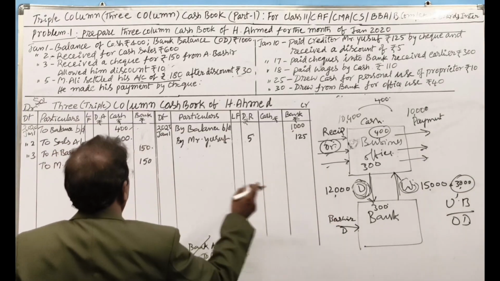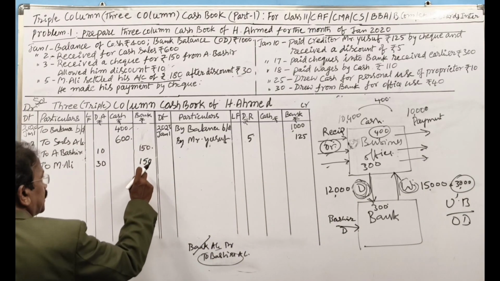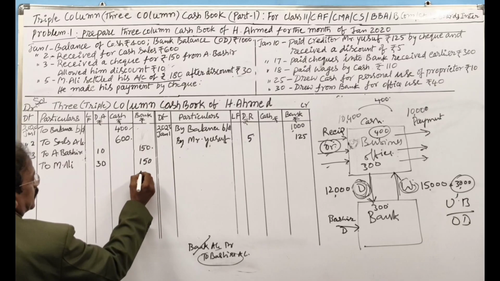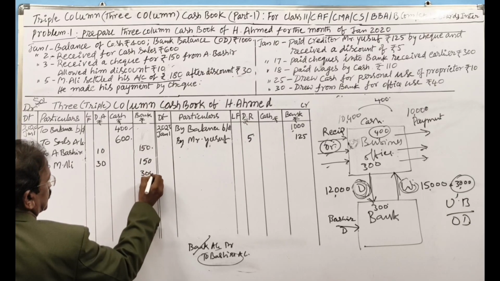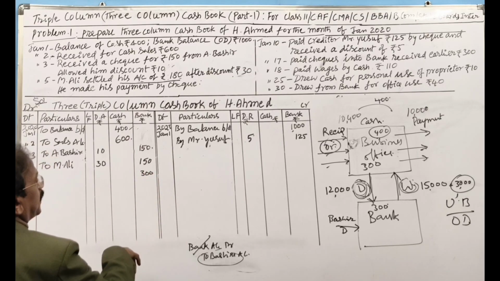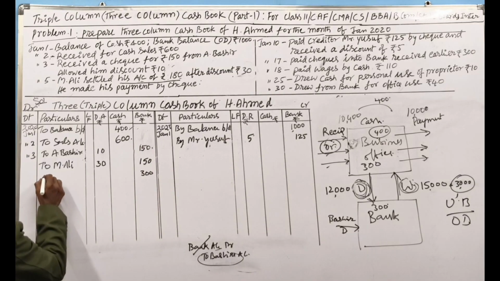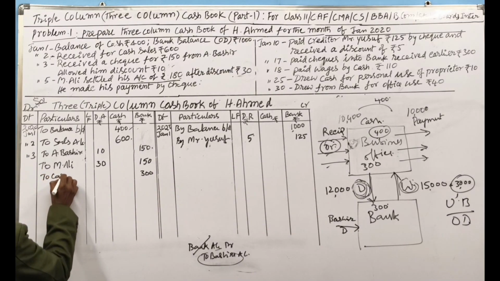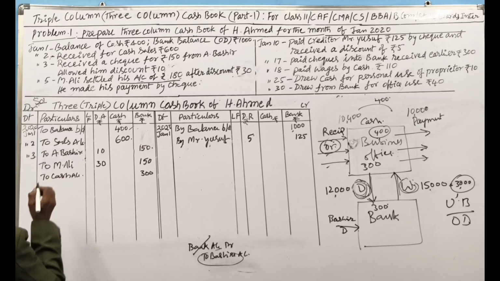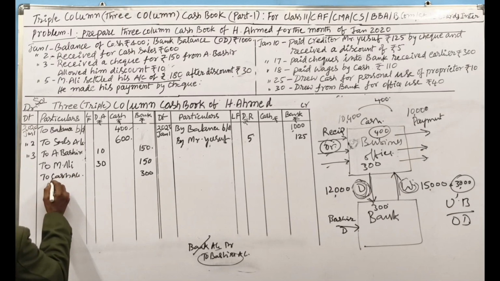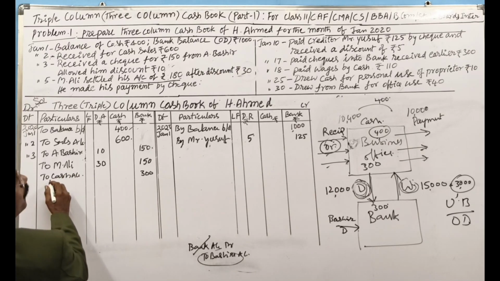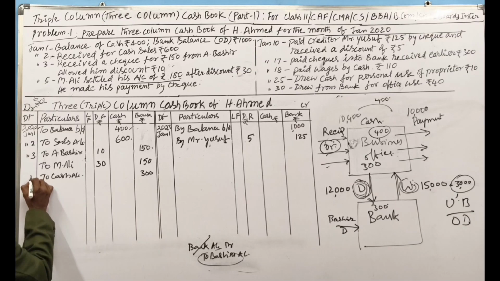Since it is going to the bank, the debit side is to be recorded first. 300 rupees. From where are you taking this amount? From cash you are taking, to cash account. You have to write like this. The date is 17.